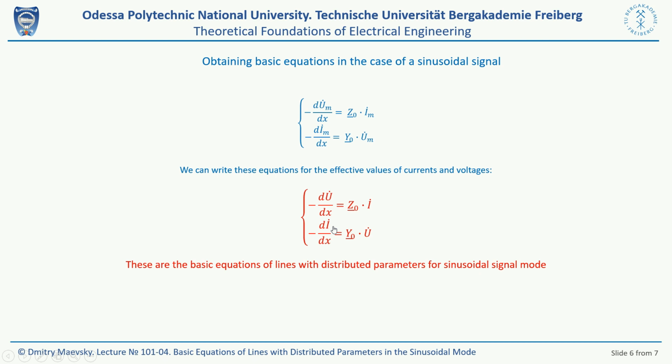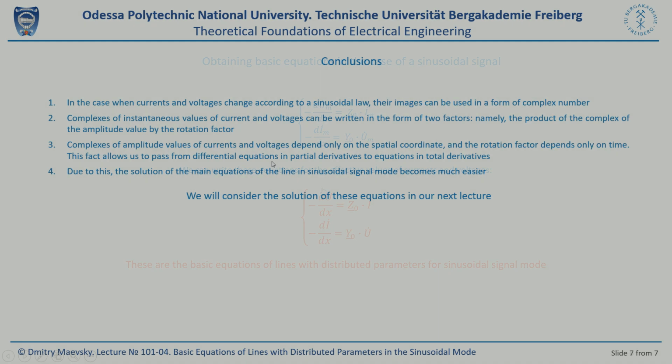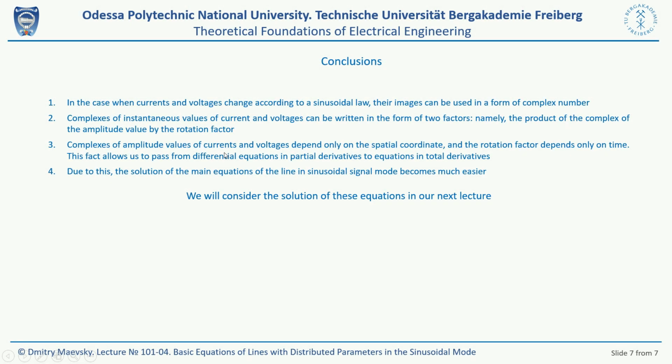So, our lecture has come to an end. Let's draw some conclusions. In this lecture, we have obtained the basic equations of a line with distributed parameters in the sinusoidal signal mode. First of all, we have replaced the instantaneous values of currents and voltages with their images in the form of complex numbers.